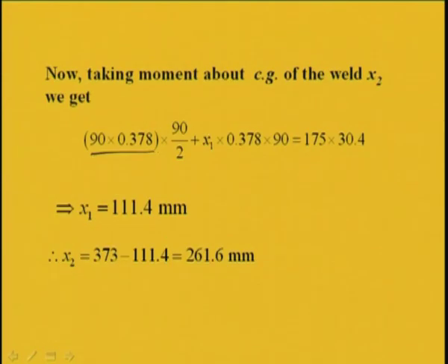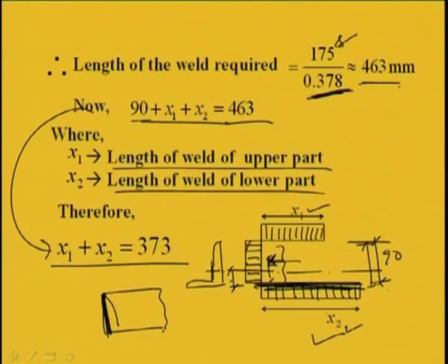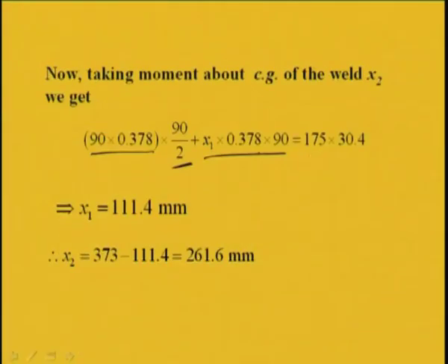So 90 into 0.378 into 90 by 2, plus similarly x1 into 0.378 into 90, because the x1 is at a 90 mm distance from here. So into 90 is equal to the total load, which is 175, at a distance of 30.4 millimeter.